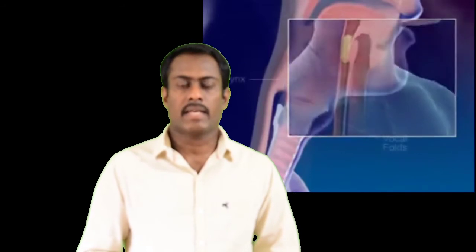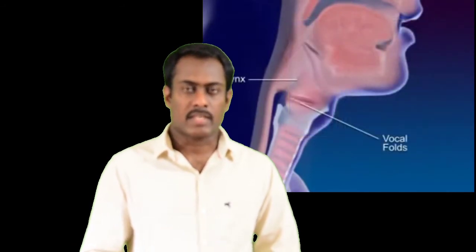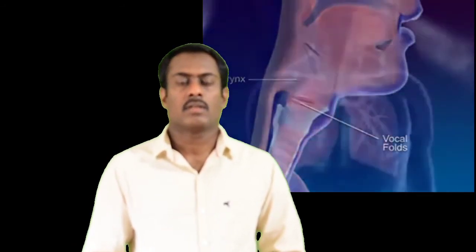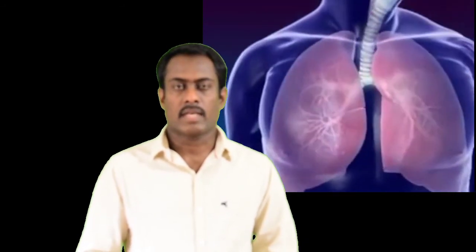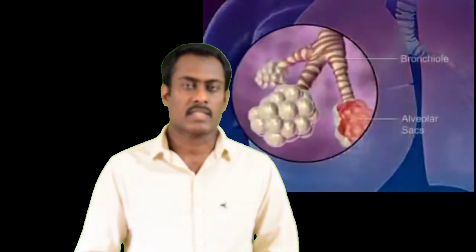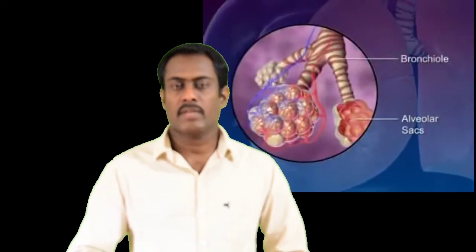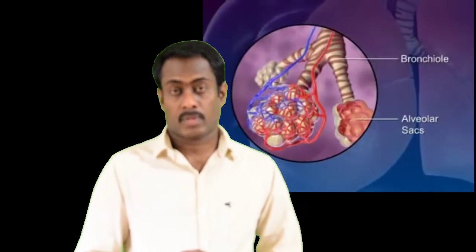Then the air is taken to the lungs, which provide the surface area for the absorption and release of gases. The lungs consist of alveoli that provide a surface area for the absorption of gases, and they are richly supplied with blood vessels.